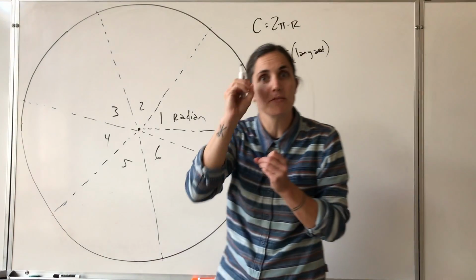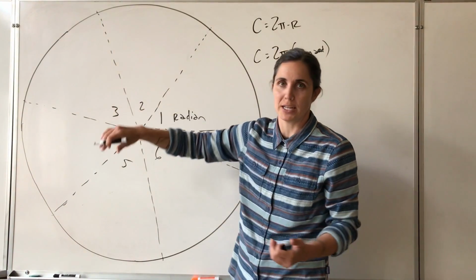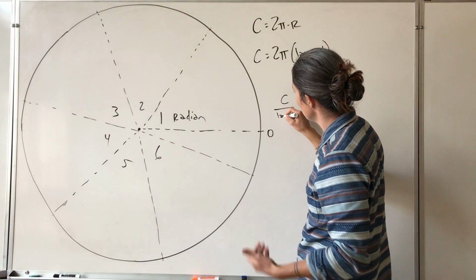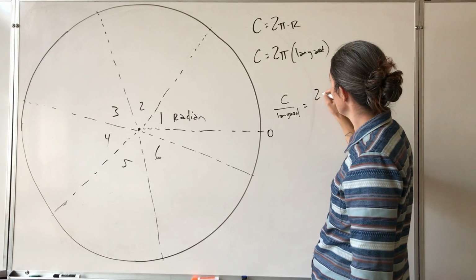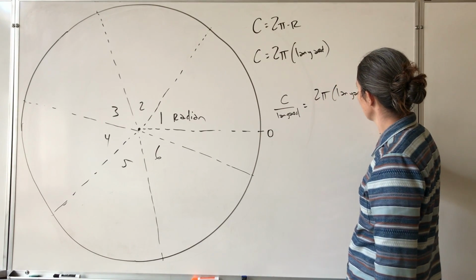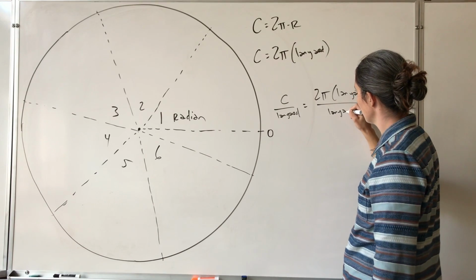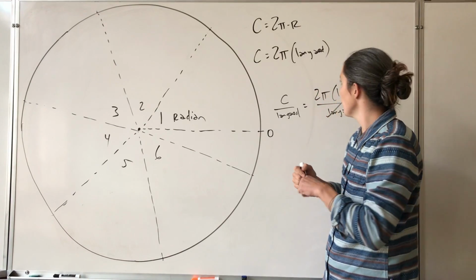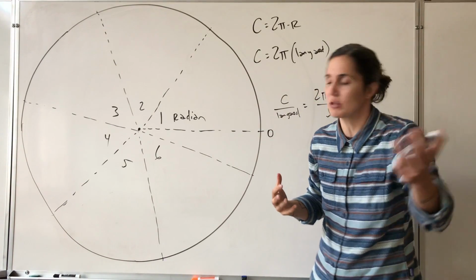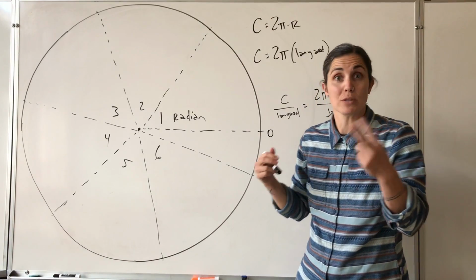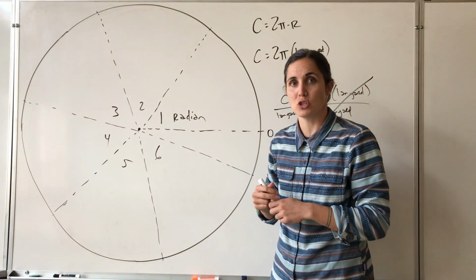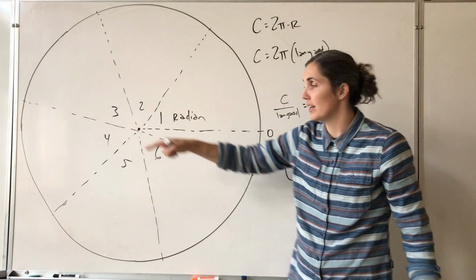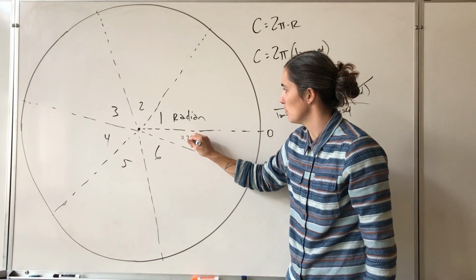And if I'm trying to divide the circumference by the radius, again in this case lanyard, really what I'm doing is 2 pi lanyards divided by lanyards. And we could see that the lanyards cancel each other out. We're left with 2 pi, which we know pi is 3.14. So 2 times 3.14 is 6.28. Since that would be 6.28 times the lanyard would fit around the circle, that means this is an additional 0.28.